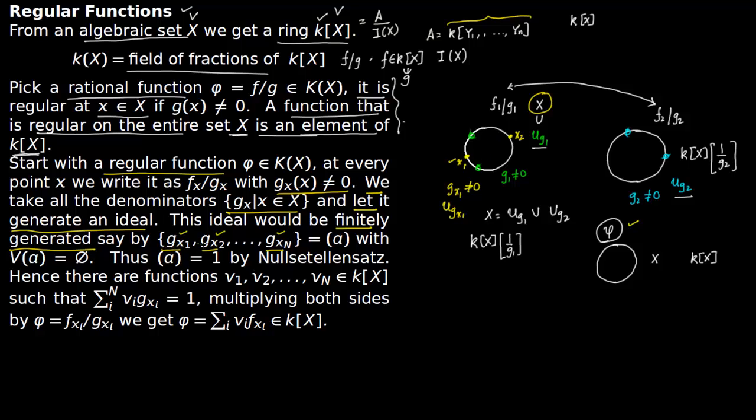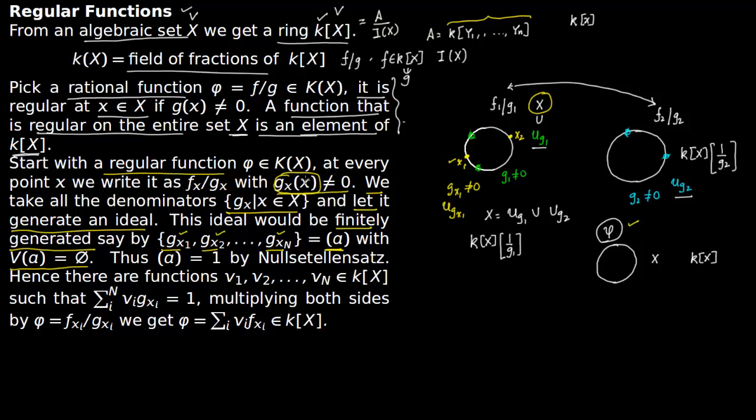So say all these functions generate this ideal A. Now the vanishing set of A would be the null set. This is simply because this g(x) lies in this ideal, since we have taken finitely many functions which generate this function. So this g(x) lies in here, but this g(x) is not 0.